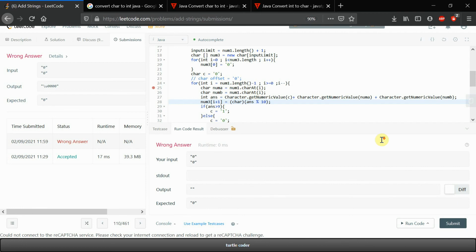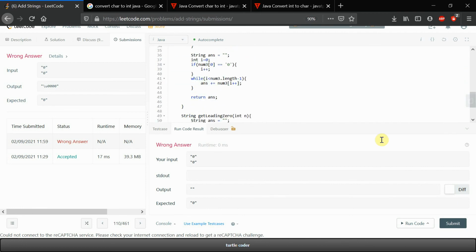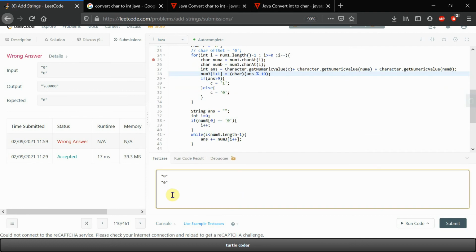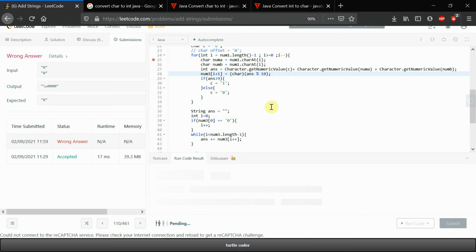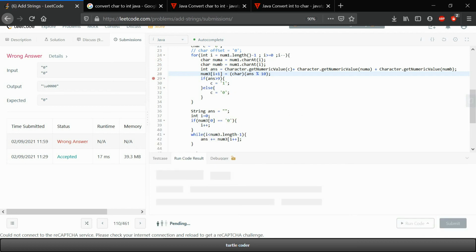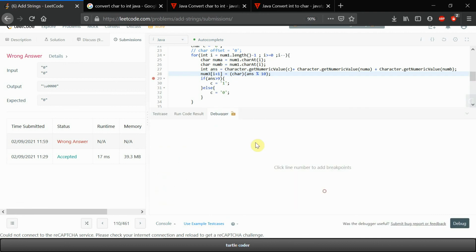It didn't even give the answer. So bad. Let it be 1, and I run the code. My output is still not valid. Let's try to see what happened over here. Let's run the things. Oh, we have to debug it, sorry.